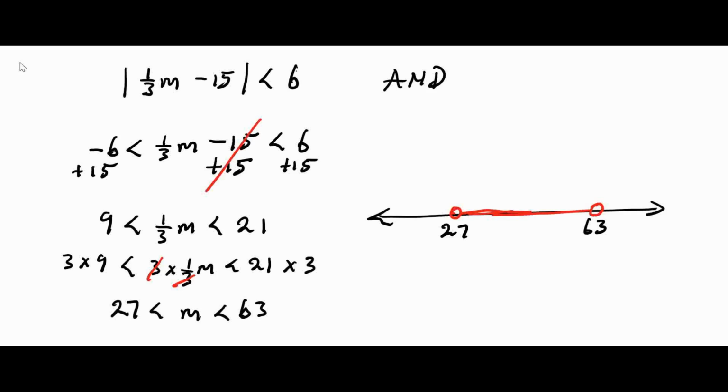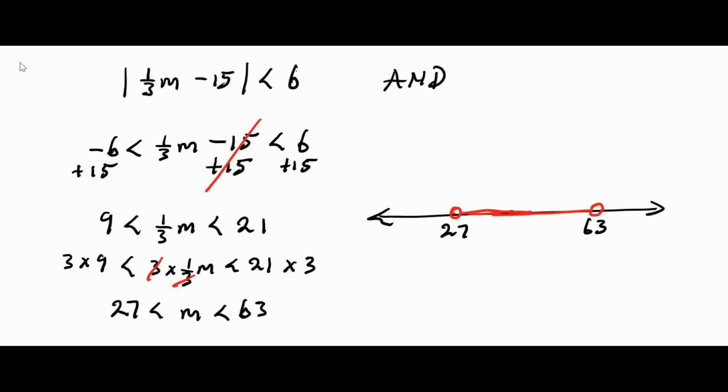Okay, so this is the graph of the solution to this question, and I hope this also makes some sense. So we have made use of the two methods, so choose the one that best works for you, and I hope this makes some sense.